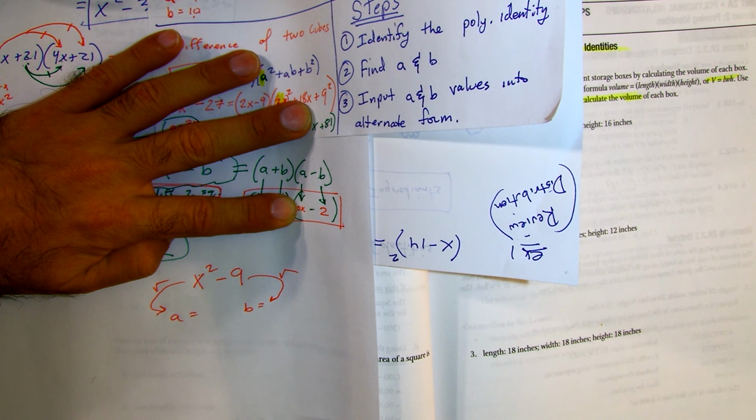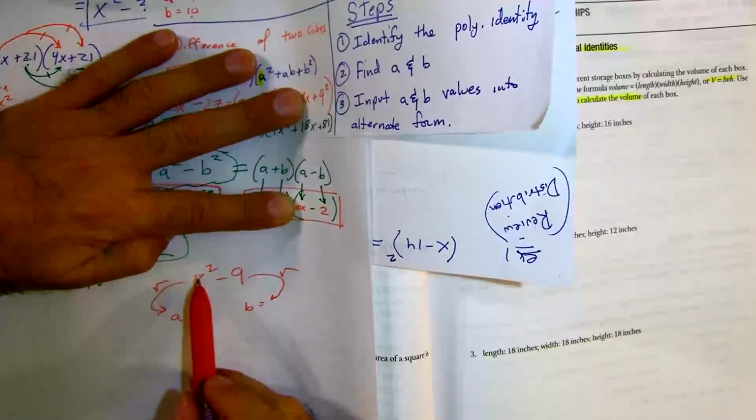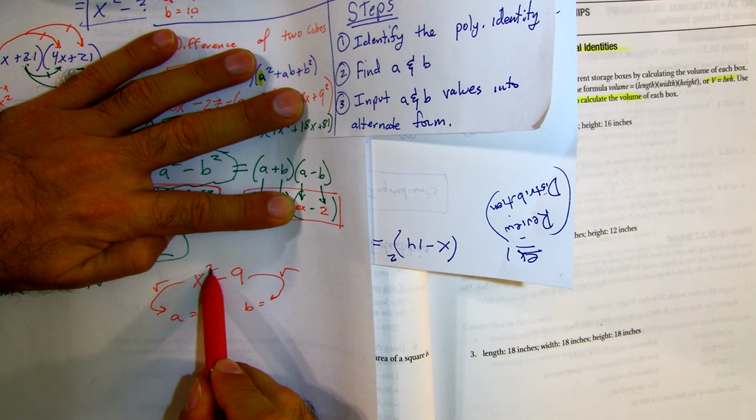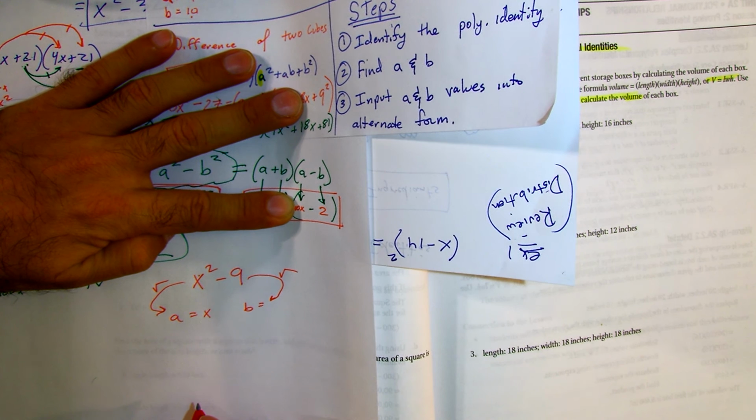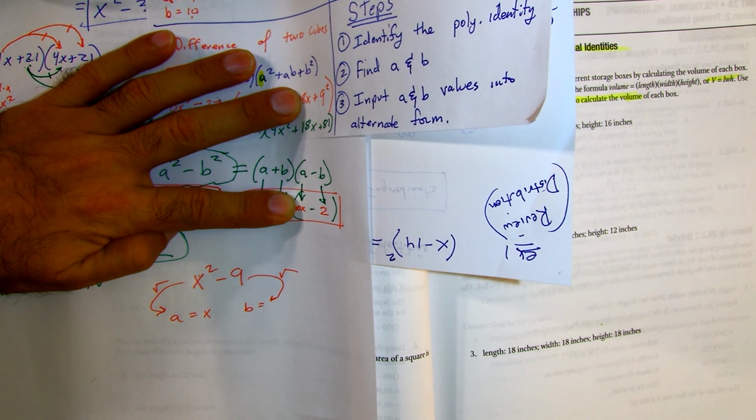Close, Alicia. That's like the answer for the second quantity. Now, what I wanted to see here is x squared, the square root of that is x. And 9, okay, here's what you got to remember too, and this is really key.